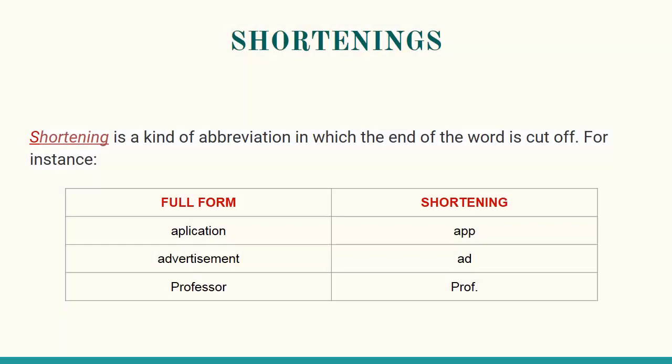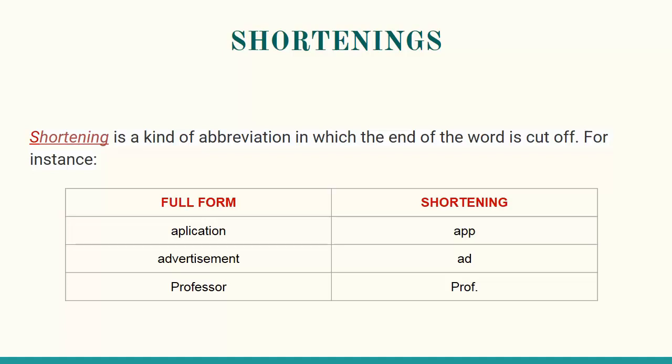Well, from now on, I will explain one by one. The first one is shortening. Shortening is a kind of abbreviation in which the end of the word is cut off. For instance, we have right below three examples of shortenings.